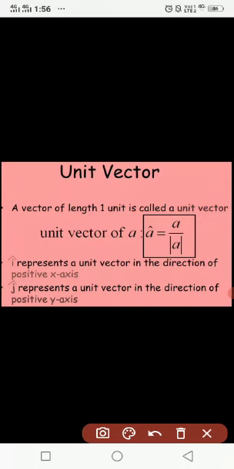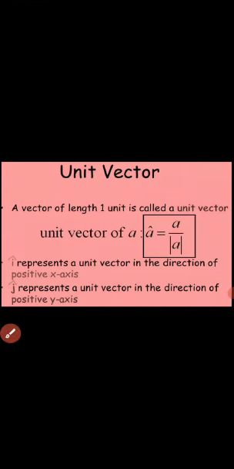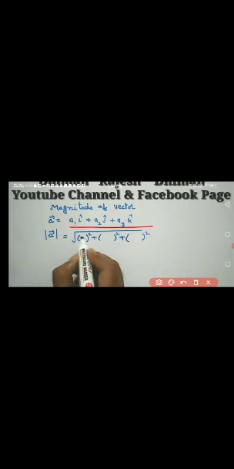Let us take the magnitude of vector A whose components are given as a1 i cap plus a2 j plus a3 k. So the magnitude of A, dear students, you have to add the squares of the coefficients. Coefficients means the terms written with I, J cap and K cap. So it is a1, a2 and a3. The magnitude of A will be equal to under root a1 square plus a2 square plus a3 square.